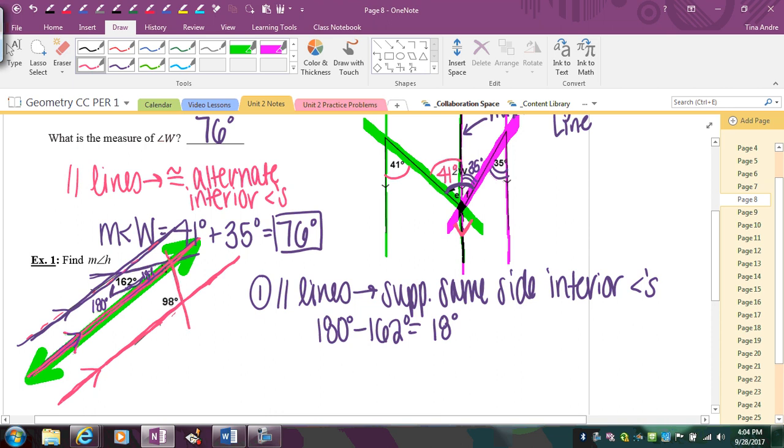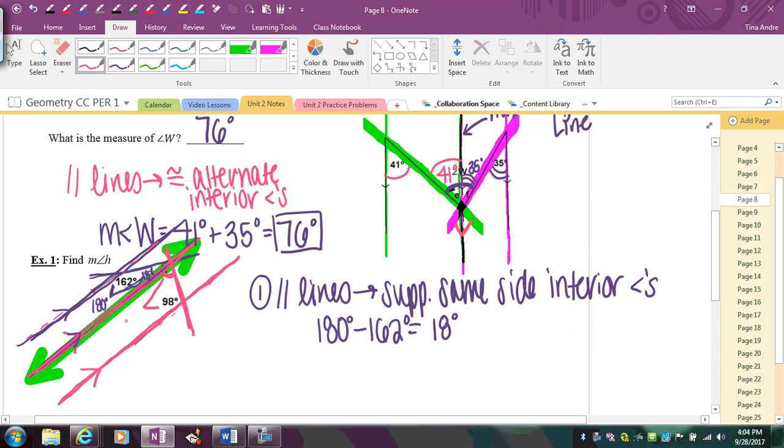Now this is my transversal, and this portion of angle H is what I'm trying to find. Well, that portion is related to 98 degrees. Those are same side interior angles again, so they must be supplementary. So the relationship between the angle we don't know and the angle we have is that they're same side interior.